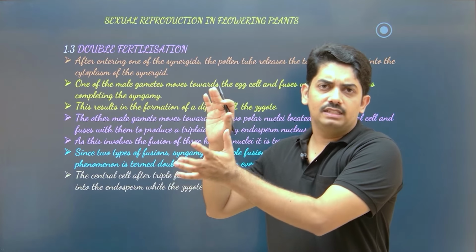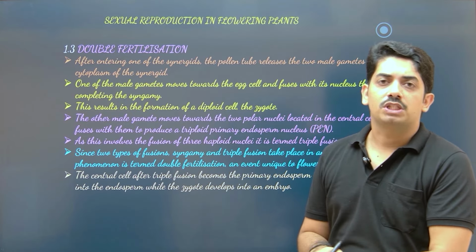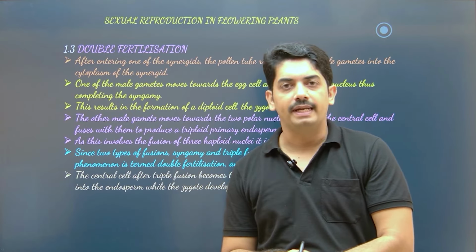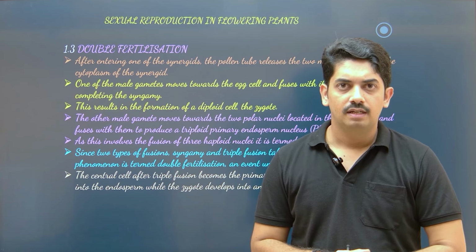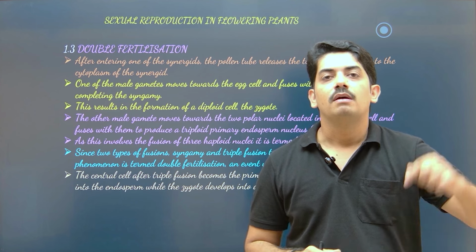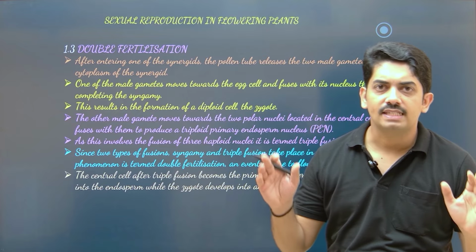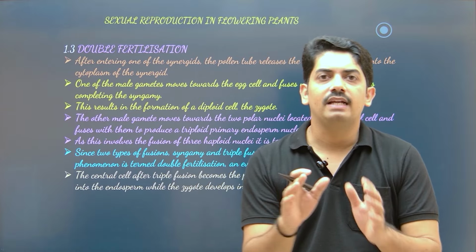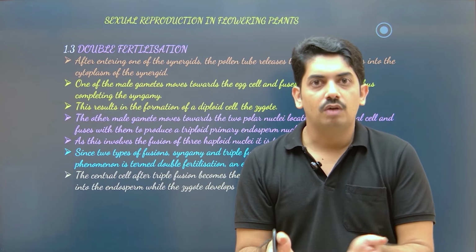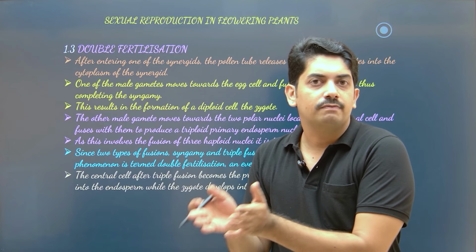Now there is a high chance that questions may be asked based on ploidy. Tell me, what is the ploidy of endosperm? It is triploid, because the primary endosperm nucleus is already diploid. One more male gamete comes in contact with it and forms the endosperm. Now the endosperm is 2 plus 1, that is 3.